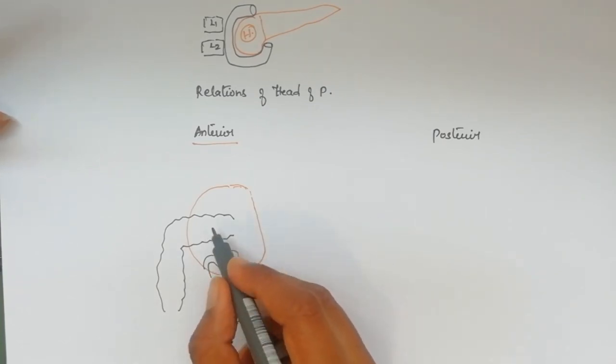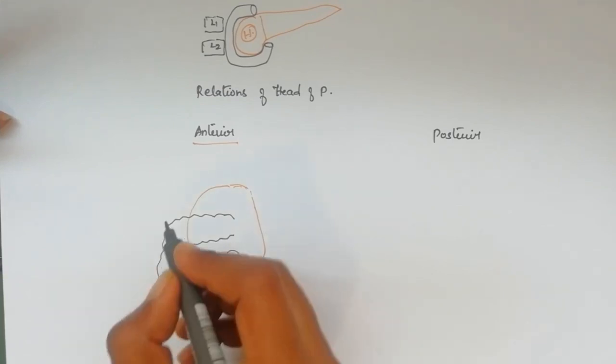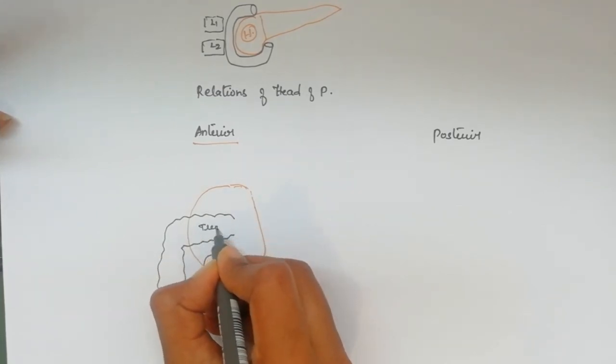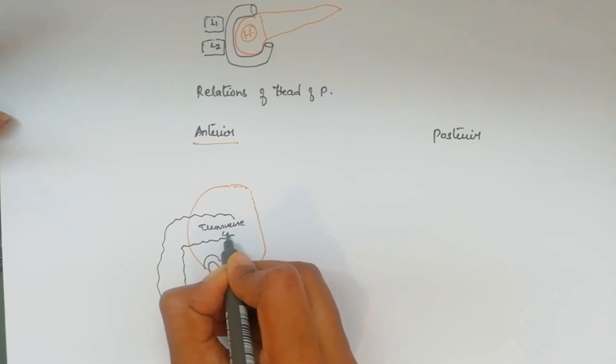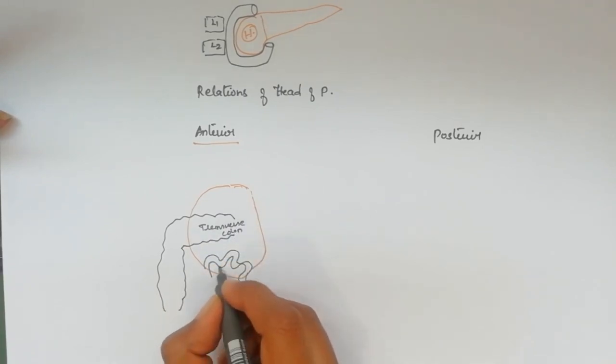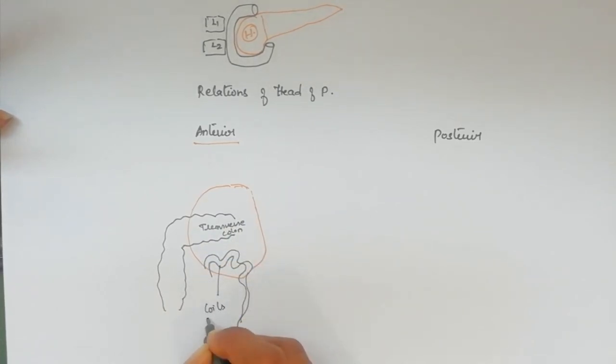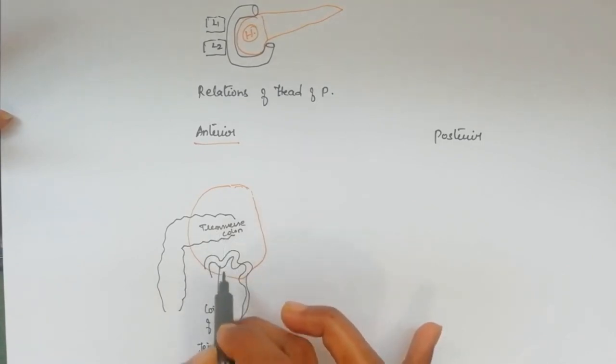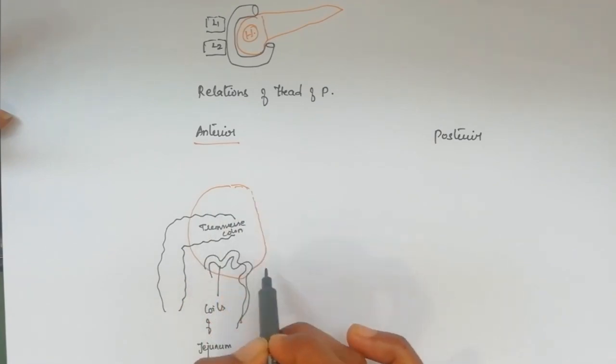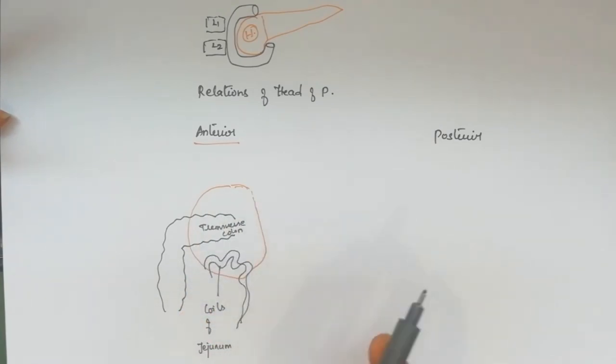So the first structure is transverse colon and the second structure is coils of jejunum. These are the two structures related in the anterior aspect of head of pancreas.